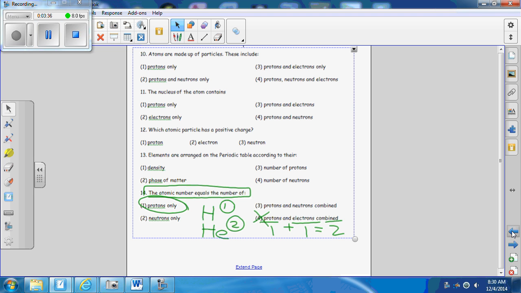The first group has 1 extra, so it doesn't want that extra one, so it gives it away. If it gives the electron away, it doesn't have equal protons and electrons, and it's not a neutral atom. It's going to have a positive charge. So atoms aren't always neutral, but you could always count on the atomic number equaling the number of protons.